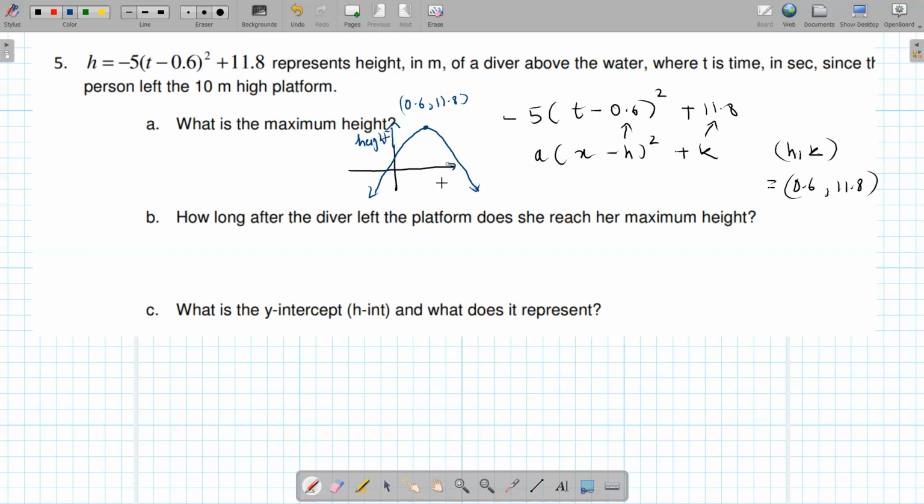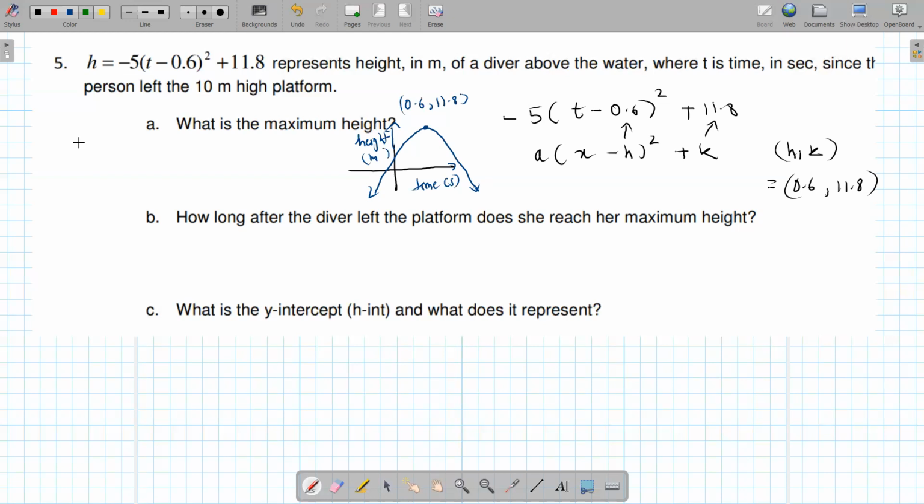On the x-axis, we have time in seconds. So what does that point represent? Well, that point represents a vertex, right? Now, what's the vertex in this question?